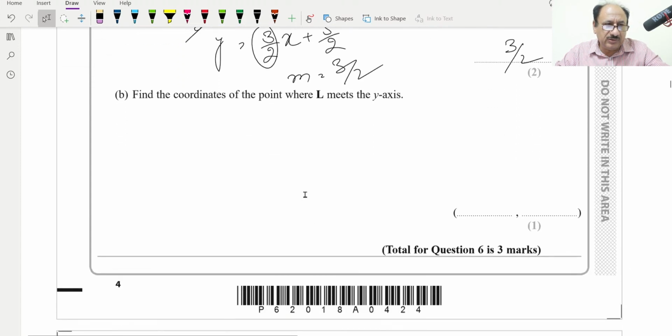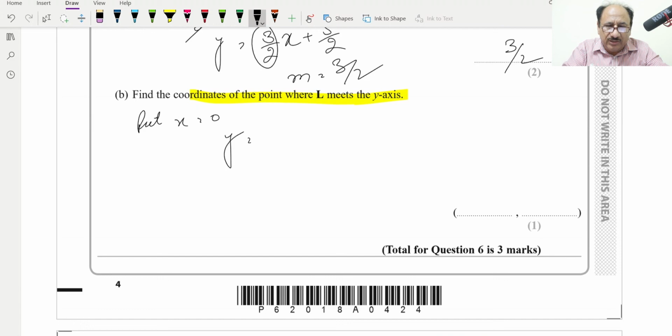It's a 2-mark question, very simple, straightforward, no trick in this one. Now part B: find the coordinates of the point where L meets the y-axis. We know on the y-axis x is equal to 0, so we will put x equal to 0 in the given equation, y is equal to 3 by 2 x plus 5 by 2.